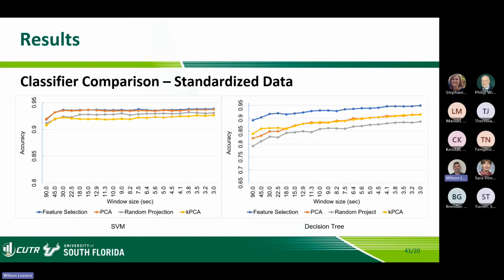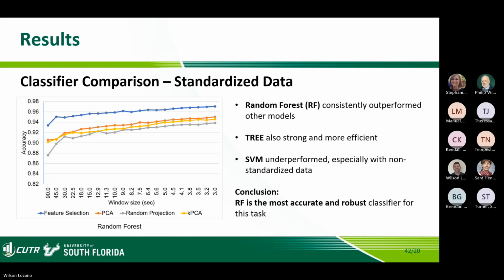So going back, we have support vector machine, decision tree, and here random forest. In general, random forest consistently outperformed other models. Tree was also strong and more efficient, but random forest was still better. SVM underperformed, especially with non-standardized data. In conclusion, for this specific case, random forest was the most accurate and robust classifier.